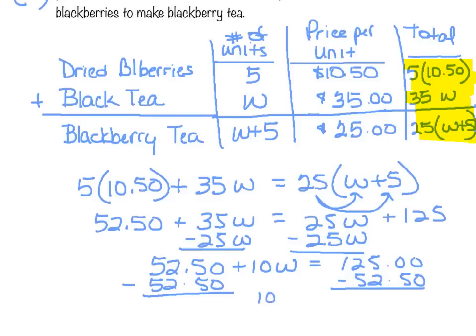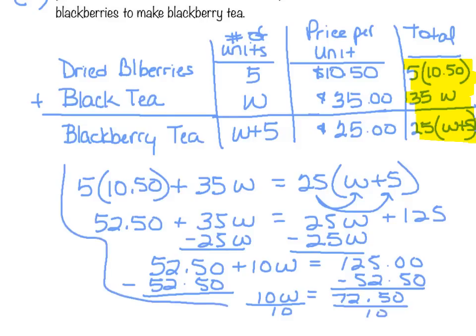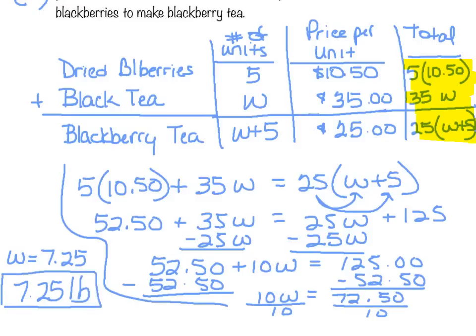So we have 10W equals 72.50, and we'll divide by 10. I've got to move over here. I'm sorry, I ran out of room. But W equals 7.25. Because we're looking for how many pounds of black tea, the answer would be 7¼ pounds, 7.25 pounds.